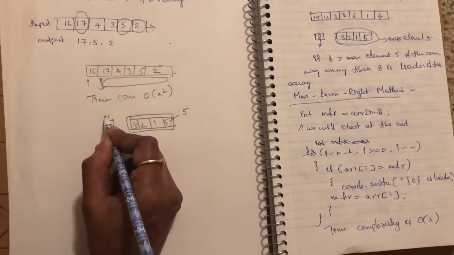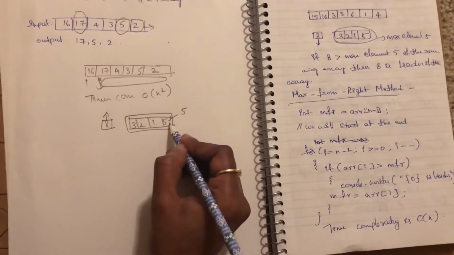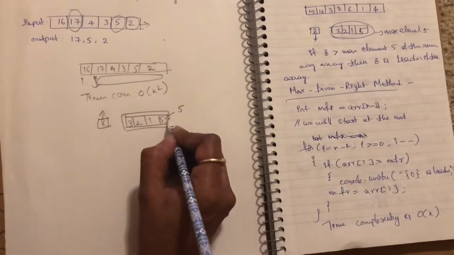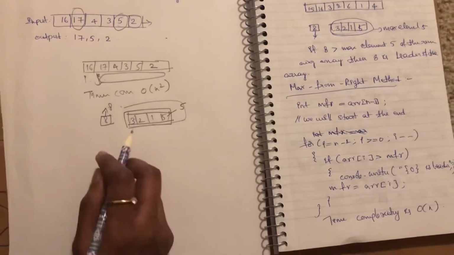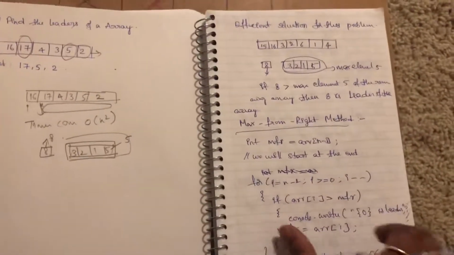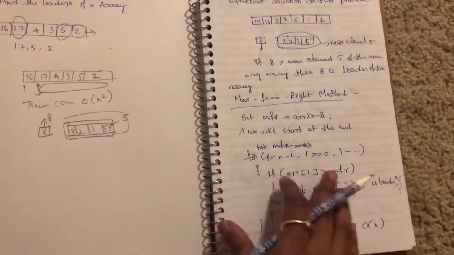If 8 is greater than the maximum of the array to its right, then we call 8 the leader for this entire array. Like that, we can do this using the maximum from right method.